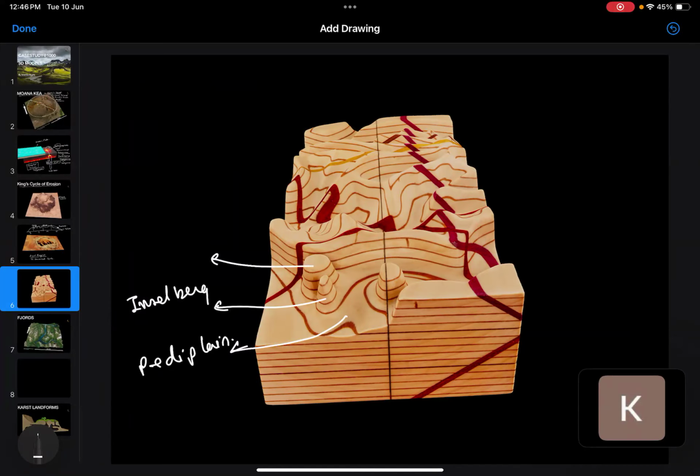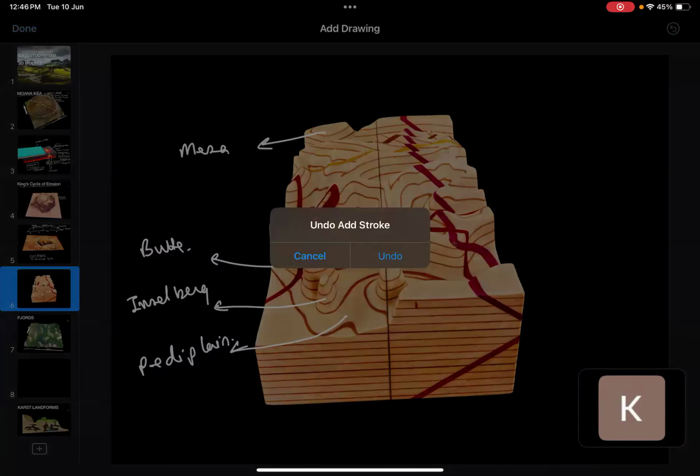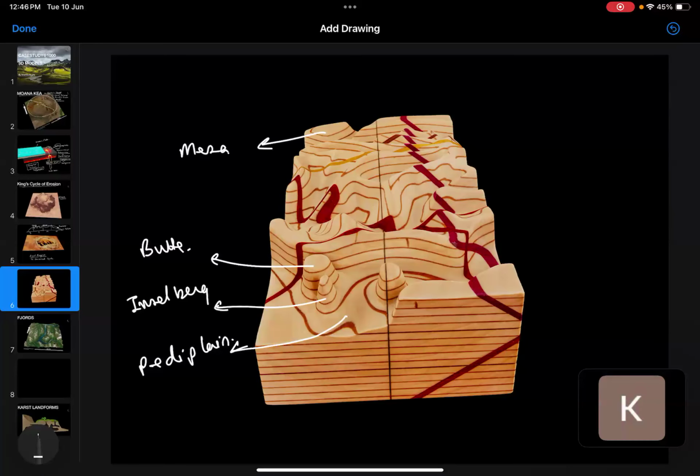This is Butte. And this one here, we can say this is Mesa. This one is Mesa here.